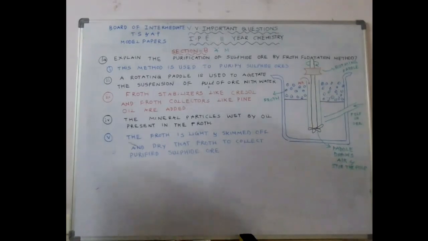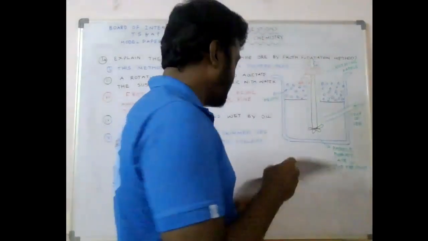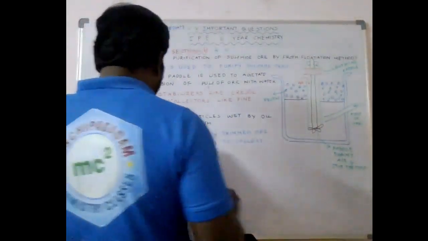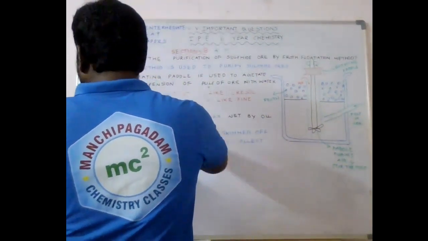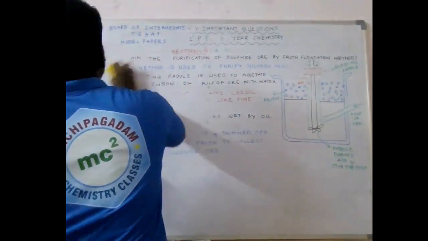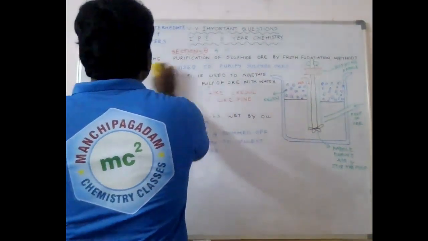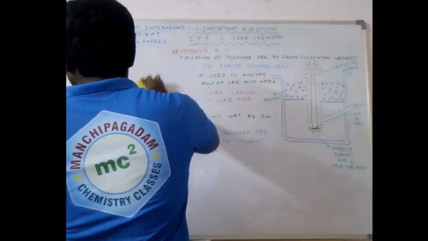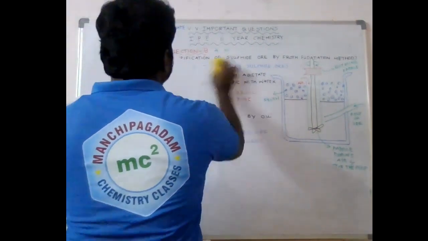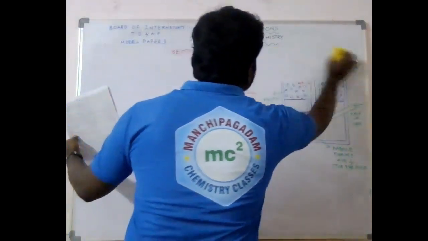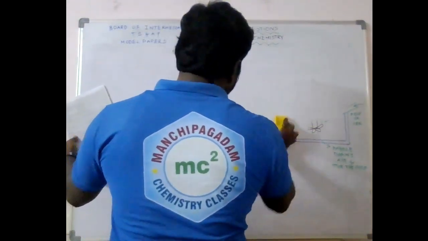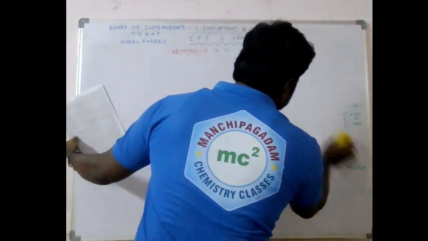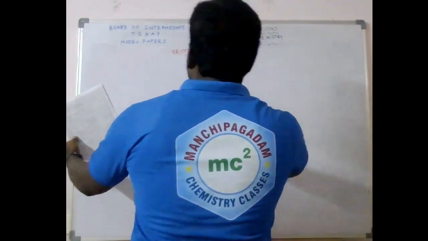Got it? Now we'll go for the next question. The next question has come from the P block elements, from the 18th group. 18th group means you can guess the question. Mostly from the 18th group, they ask questions on the fluorides of xenon.